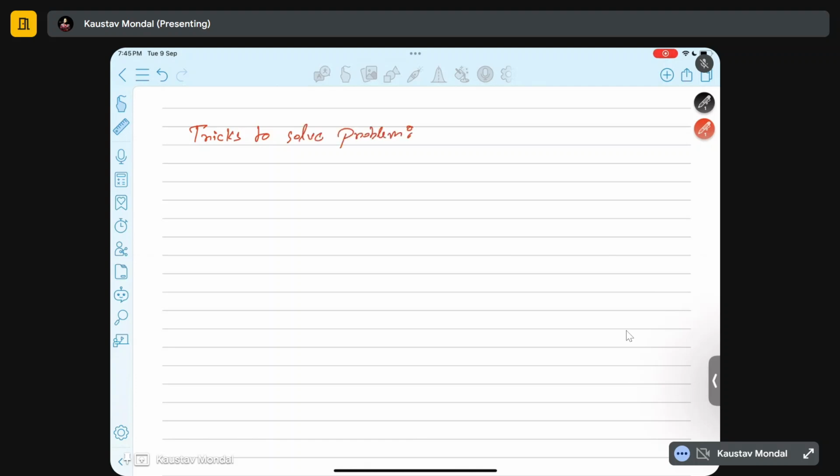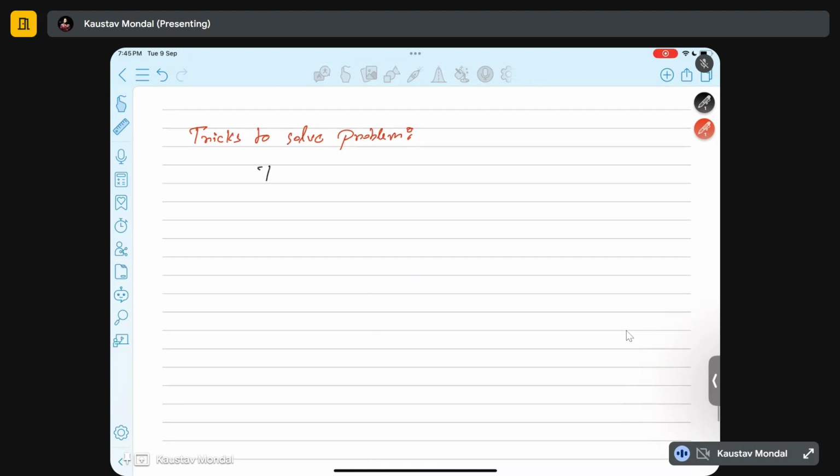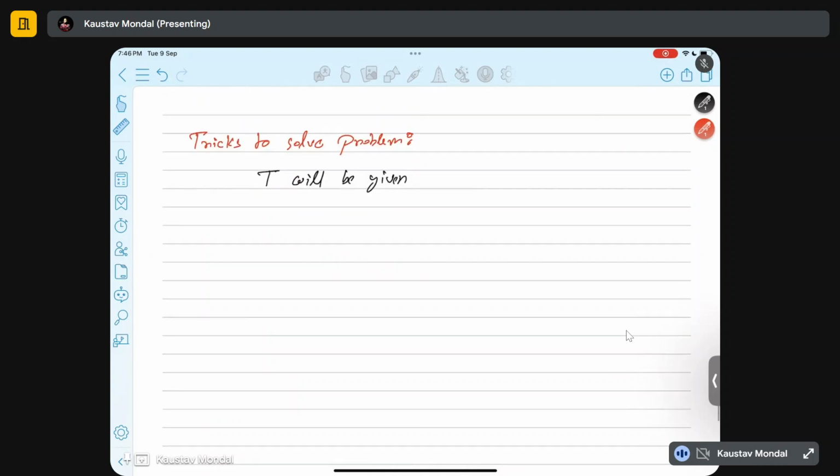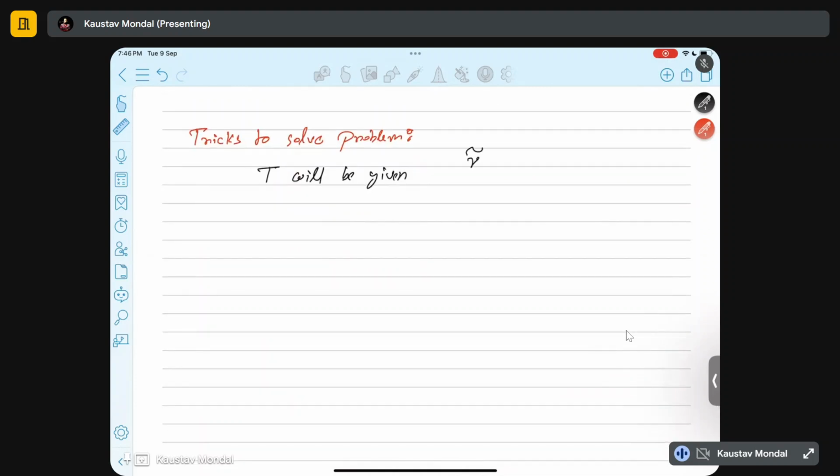The trick is in the problem itself. The T will be given. For the particular frequency nu bar, which is also given in the problem, you can calculate theta v.